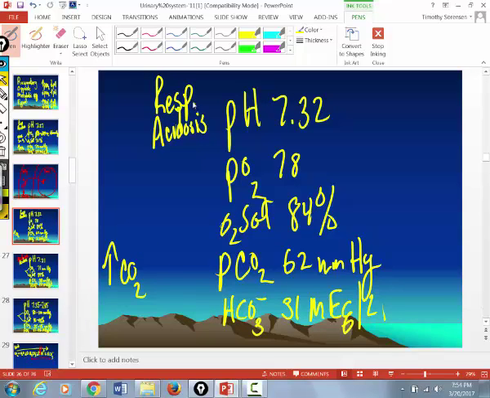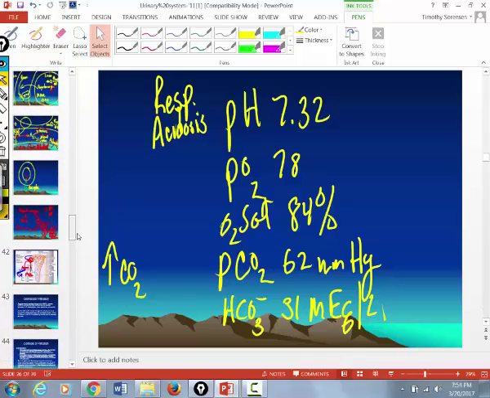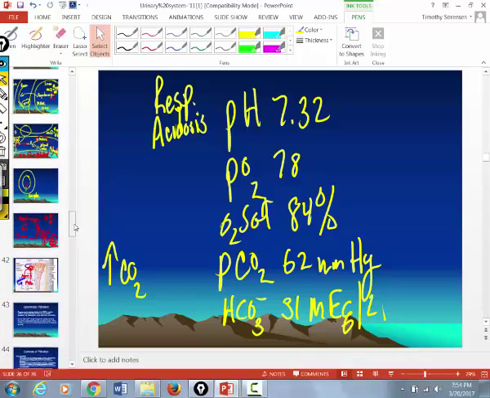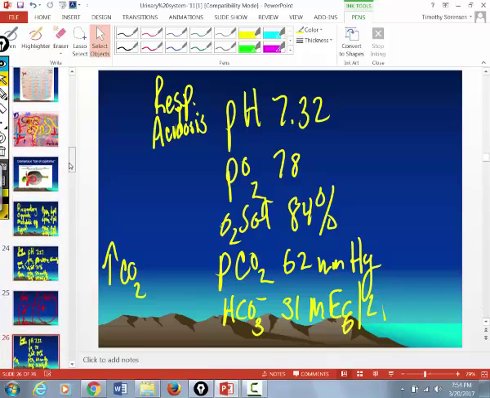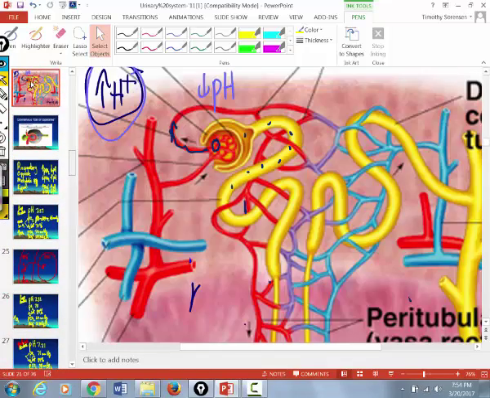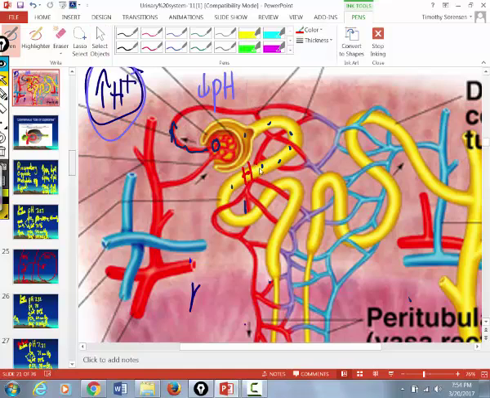No question. Now, what you want to do is look at the kidneys, because the kidneys are the only things that can compensate for a respiratory acidosis or alkalosis. The kidneys compensate for a respiratory issue. How do they compensate? They'll reabsorb bicarbonate that was going to end up in the toilet.